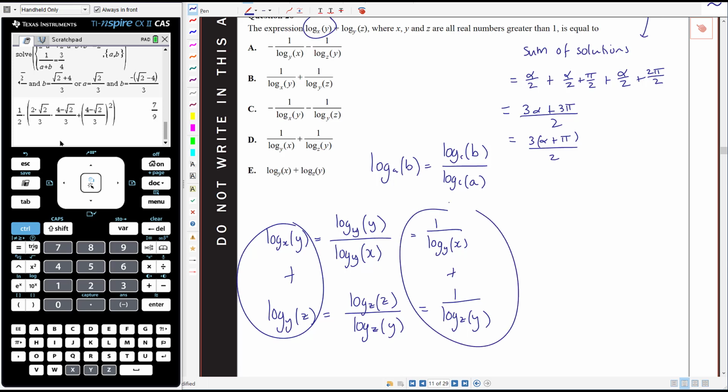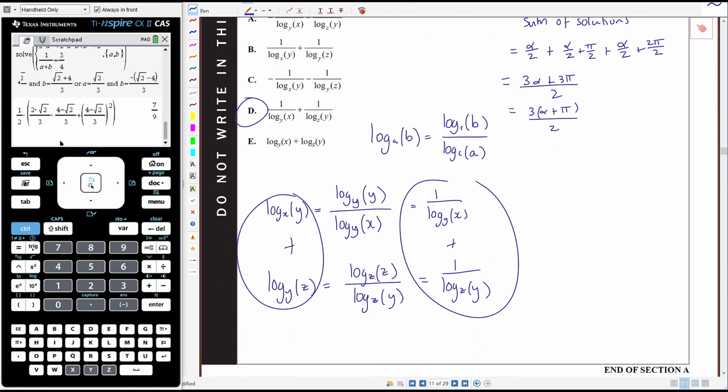So 1 on log y of x plus 1 on log z of y. Okay, it's almost right here, except we've got these negatives, which we don't want. Log y of x plus log z of y, so D, sorry. So option D is the correct response to question 20.